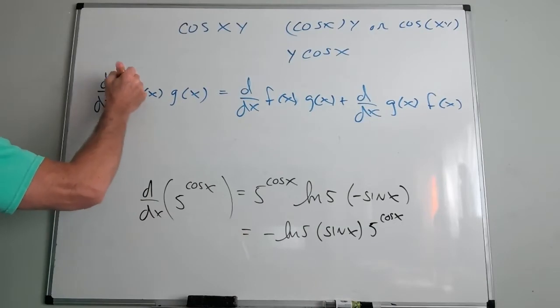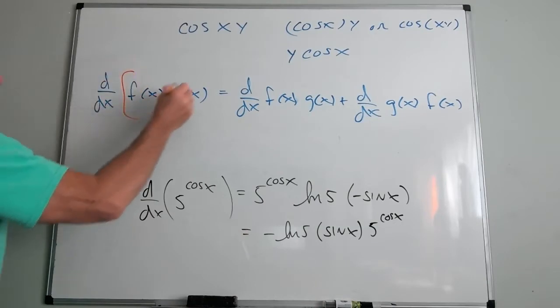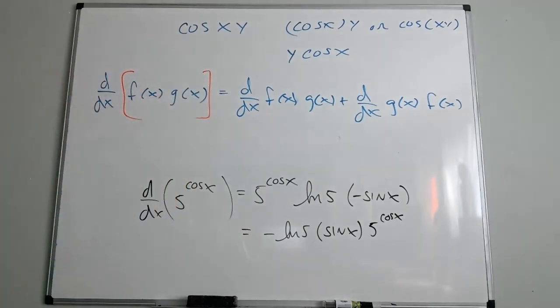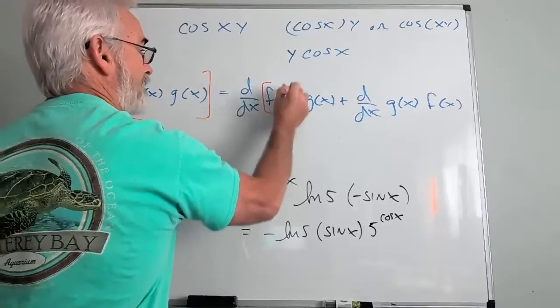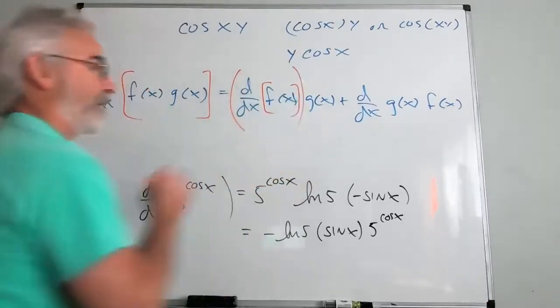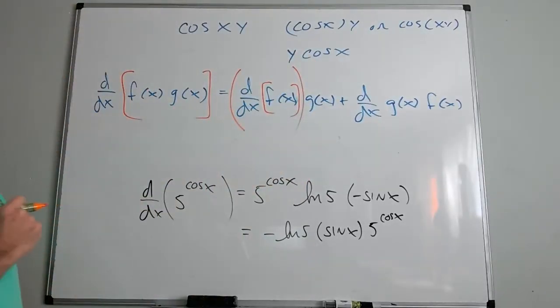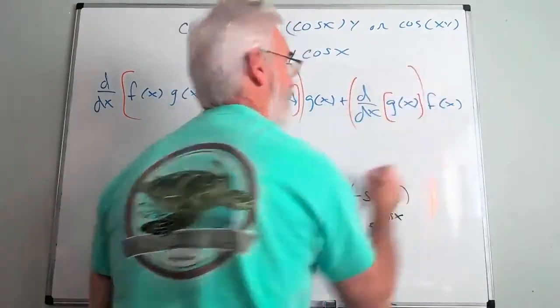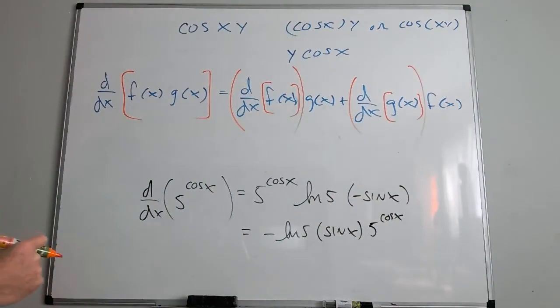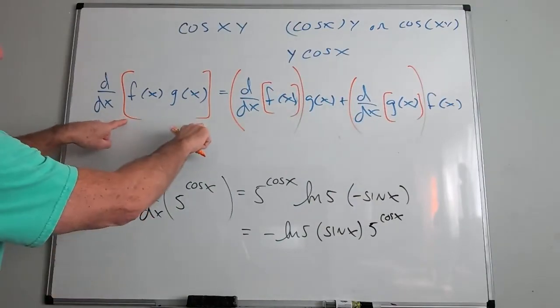So technically, I have to have parentheses around the whole thing. Secondly, I only wanted to differentiate the first one. So I need parentheses here and here. I've never seen a human being actually do that. And here I need parentheses here and here. Since nobody ever does that, this one absolutely is critical.